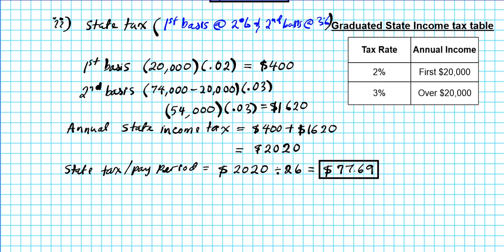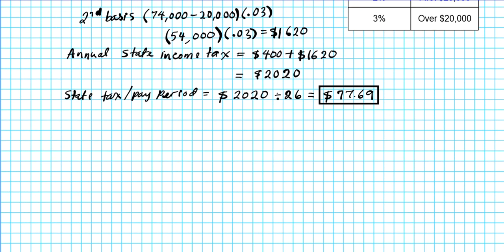Okay, let's advance to the next deduction, which is Medicare tax. Deduction number 3. The Medicare tax, as indicated in the problem, is a flat percentage rate of 1.45. So she's going to be taxed at 1.45% of all her earnings.